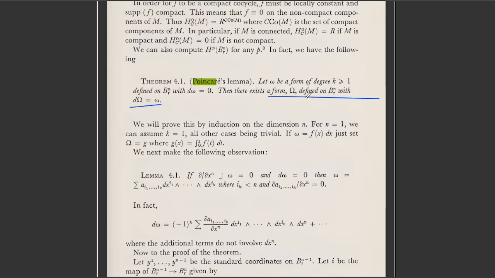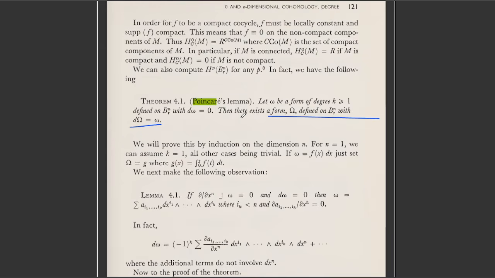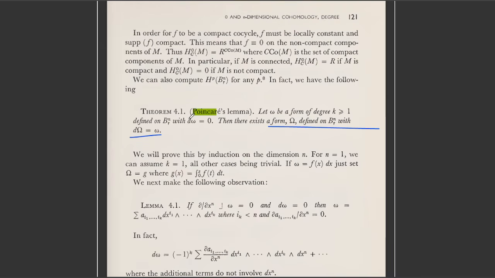Now, the reason this is an important thing is that knowing closed forms are locally exact forms harks back to the integrals that were used to solve these types of exact differential equations.